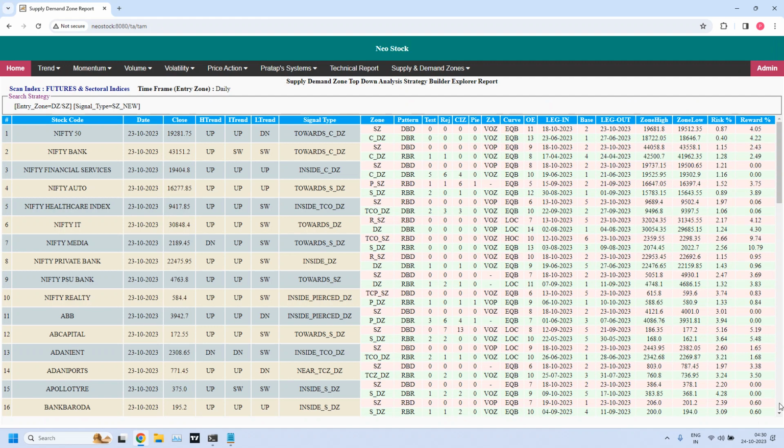Now the question is, all these supply zones have the capability to break the daily demand zones, where price closed inside the daily demand zones. So that's why tomorrow is a little cautious day. Remember, when so many supplies are created and price is closed inside the demand zones, if all these supplies break the demand zones, the market will go further down.